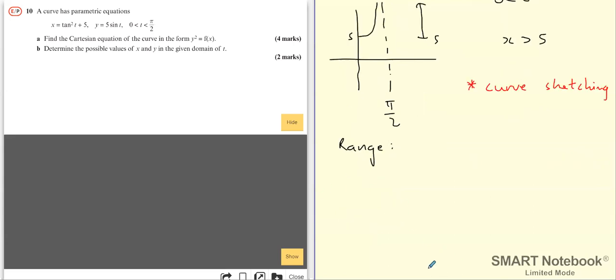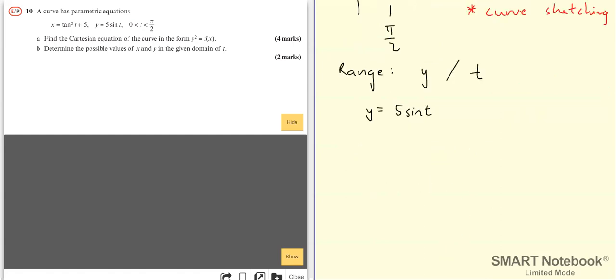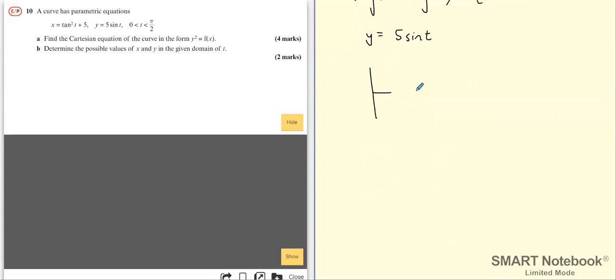Right, so how are we going to do the range? Well, we're going to sketch y against t. And we've got y equals 5 sine t. So my base graph is sine t. If I think about sine t between 0 and 90 degrees, it's only going to look like this.